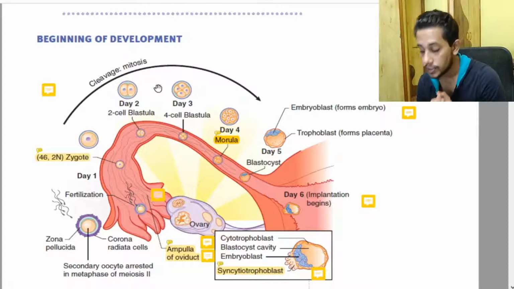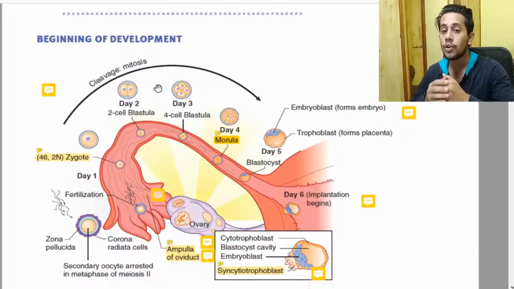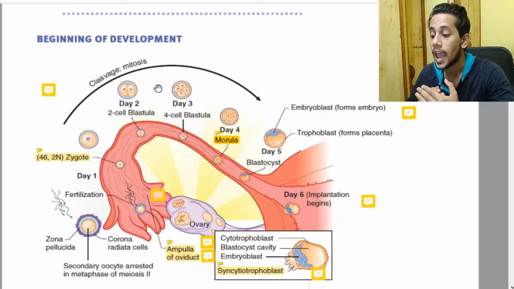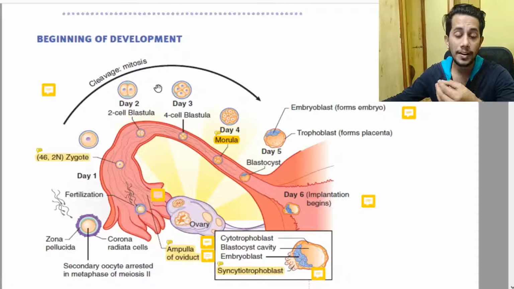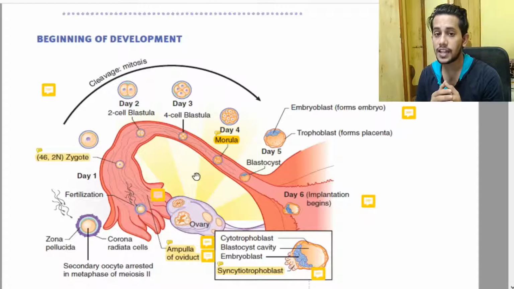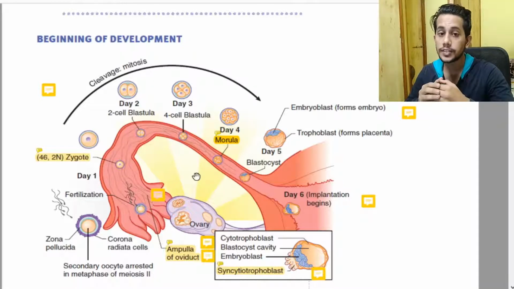Now another interesting fact, once we are at day 4, we either have 32 or 64 cells. That day 4 is what we call a morula. It doesn't matter much if it's 32 or 64 cells, but on day 4, that stage is what we call a morula. After we have morula and the cells keep dividing, another process occurs before or on day 5.